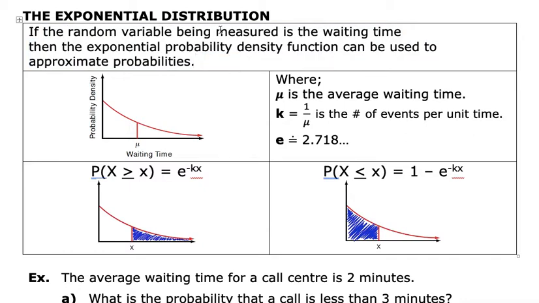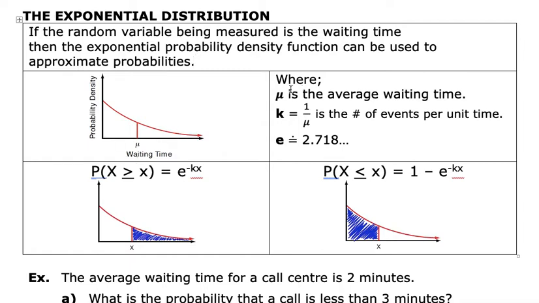If the random variable being measured is the waiting time, then the exponential probability density function can be used to approximate probabilities. If all that we know is the average waiting time for some event, it's going to have this exponential curve for a distribution. And this is the only defining feature that we need for our probability curve.